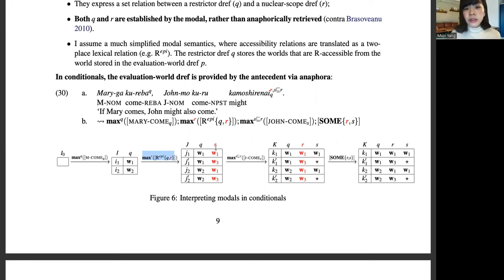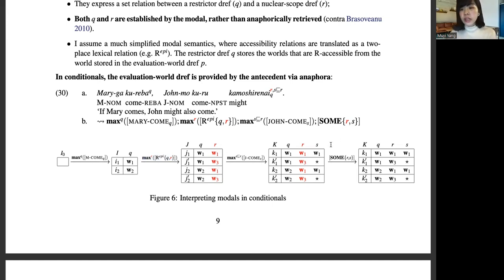So let's say that at all worlds, we will epistemically access W1 and W3. This is going to be the info state J that we get.